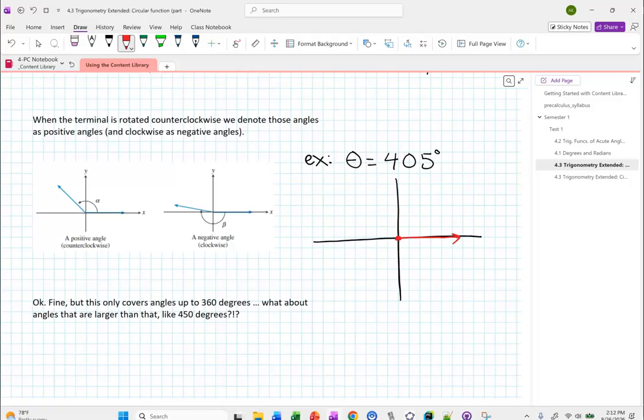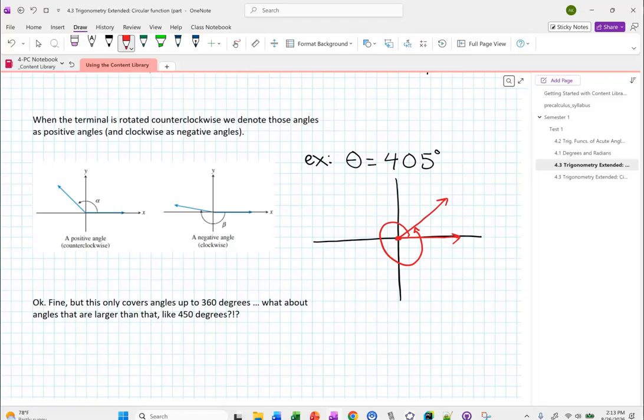Which way am I turning? Counterclockwise because positive. Great. So 90, 180, 270, 360, and then 45 more. So it just means I spin around the thing more than one time.